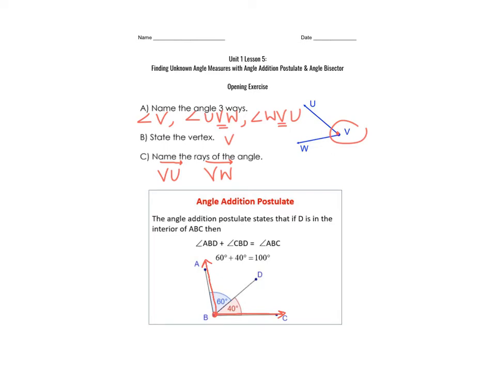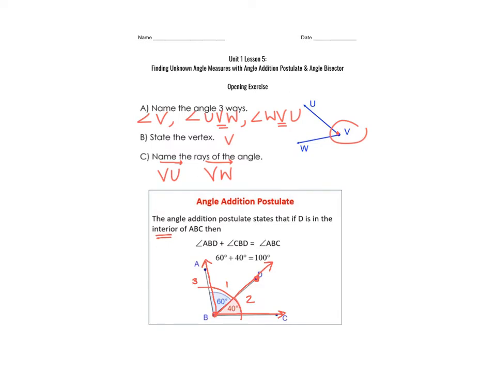Well, if there's a point in the interior, meaning inside, so if we have the point D inside that angle, kind of between the 2 rays, then there exists another ray that would follow from the vertex through that point D, and thus create 2 smaller angles. So we kind of have angle 1, angle 2, and then we have the whole thing, angle 3.